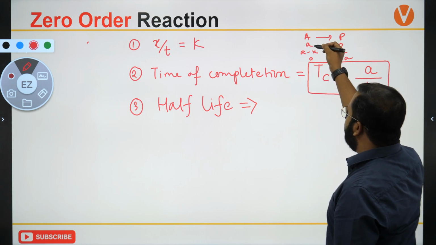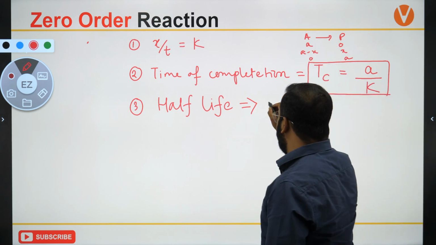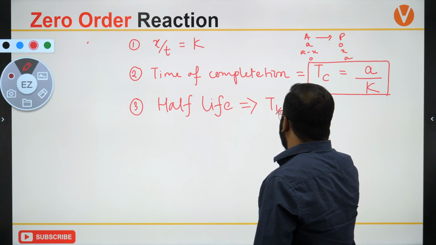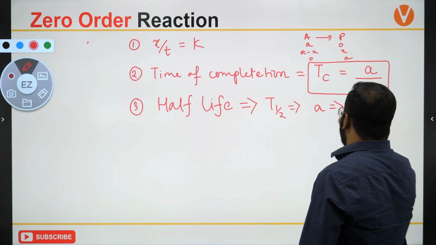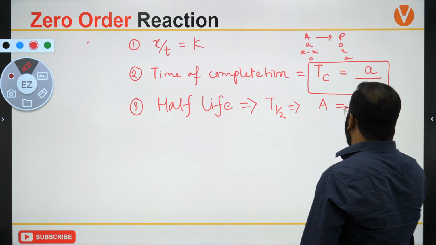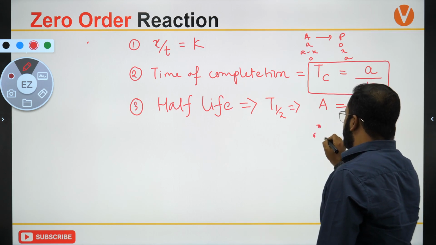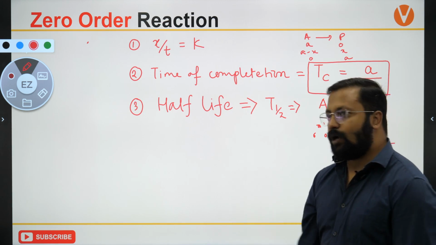At t half, A will become A by 2. Therefore, x will be equal to A by 2.